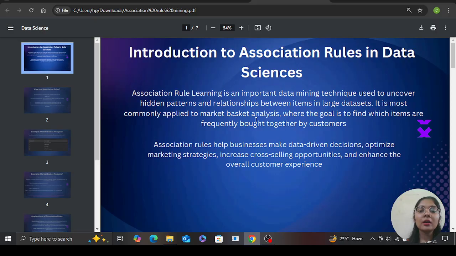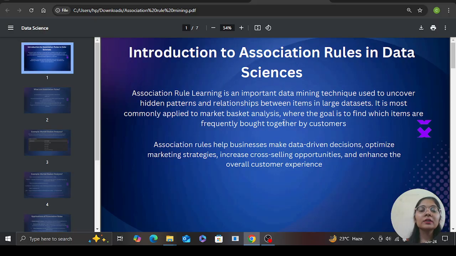Association rules help businesses make data-driven decisions, optimize marketing strategies, increase cross-selling opportunities, and enhance the overall customer experience. Basically, it uncovers the hidden patterns and the relationships between items.